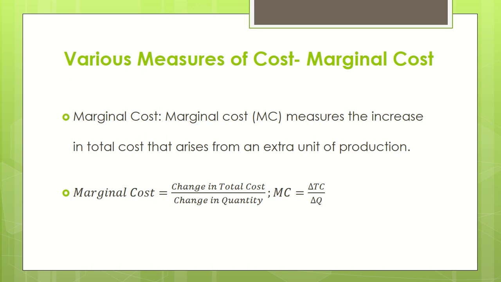Marginal cost is equal to change in total cost divided by change in quantity, or you can say that MC, that is marginal cost, is equal to delta TC divided by delta Q. So this delta denotes the change, that means change in total cost divided by change in quantity.